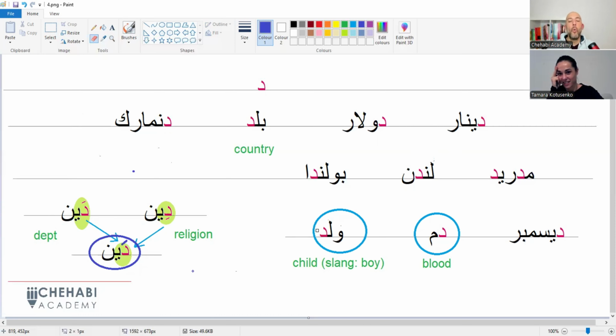But when we expand our knowledge in Arabic, we know these words. So this word can be deen and dain at the same time. It's like Schrödinger's cat in quantum physics. The cat is dead and alive at the same time. And this word is deen and dain at the same time. It's only the context which lets you decide whether it is religion or debt.